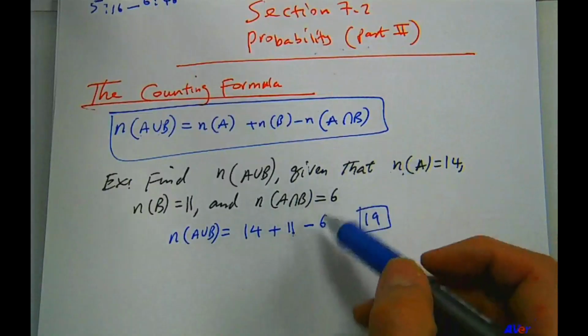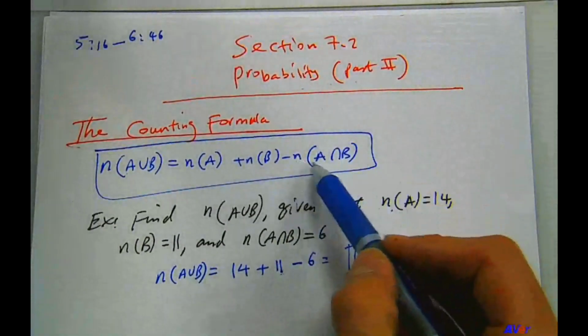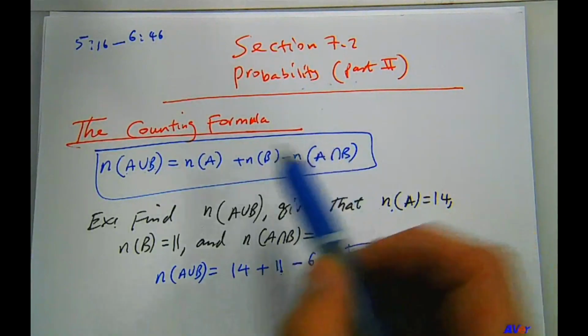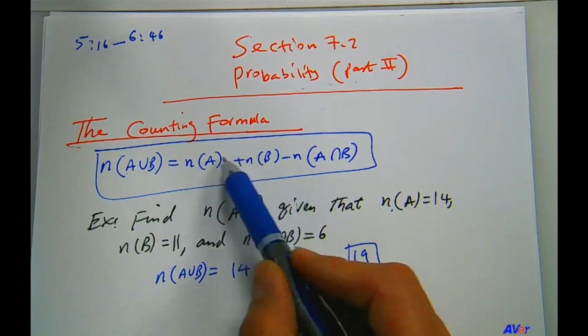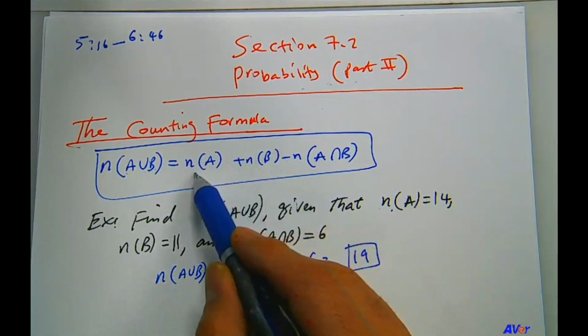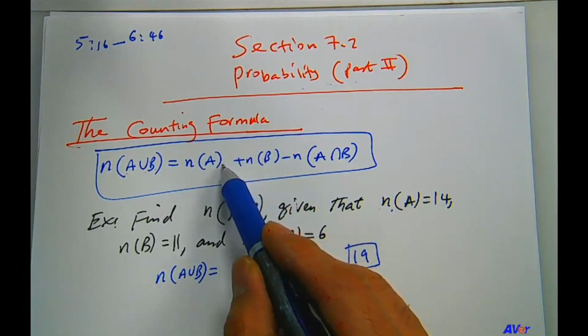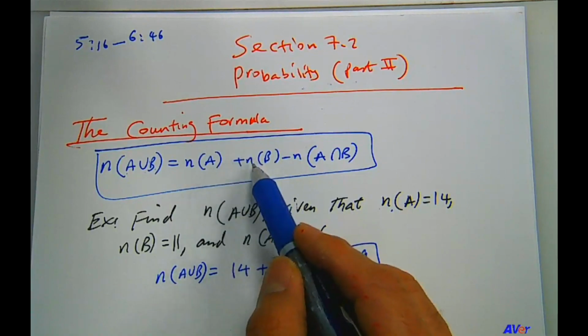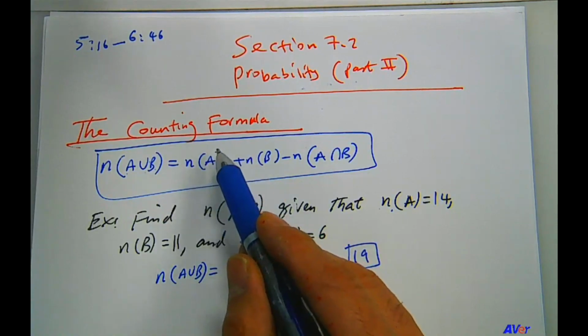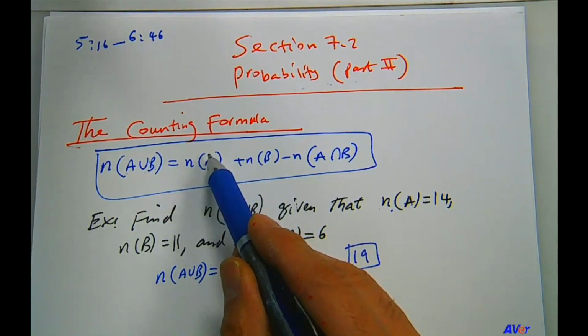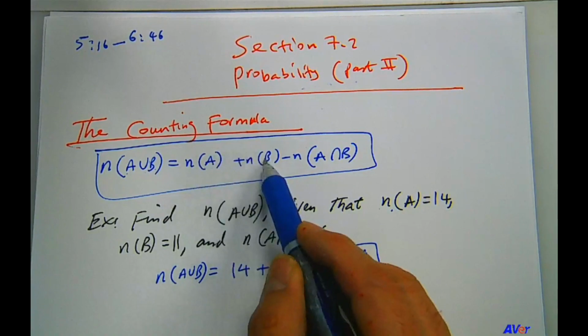Okay, here we subtract the intersection because the elements that are common to A and B, when we add these two sets, if they have common elements, those elements will be double counted, right? Because they're common. There are elements of the same kind here and here as well.